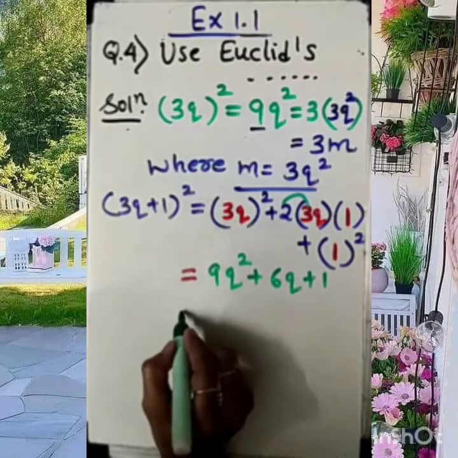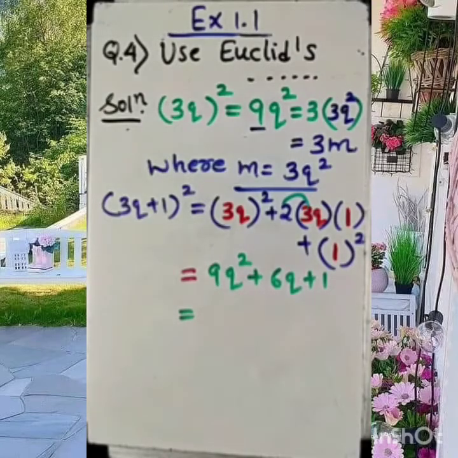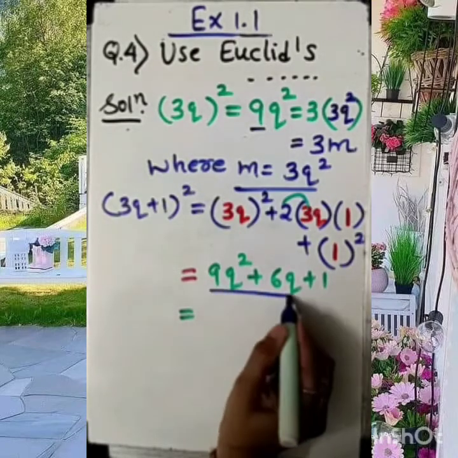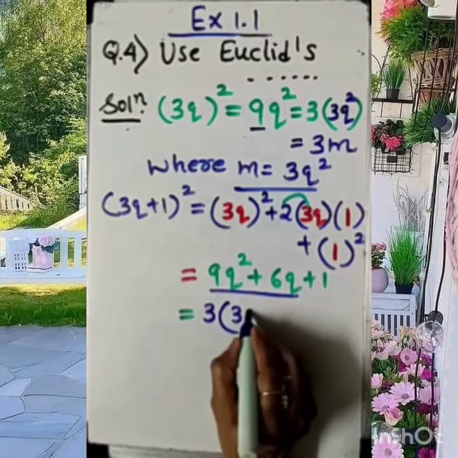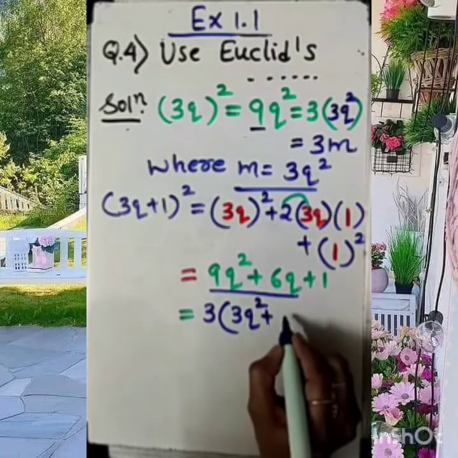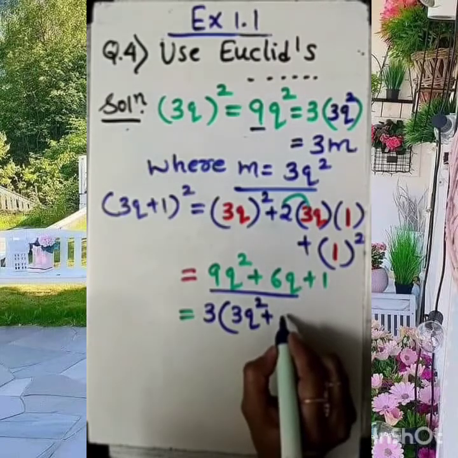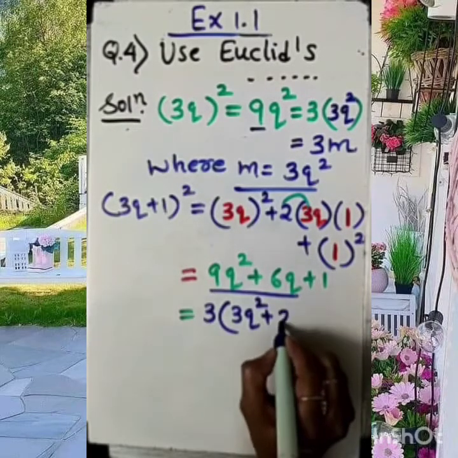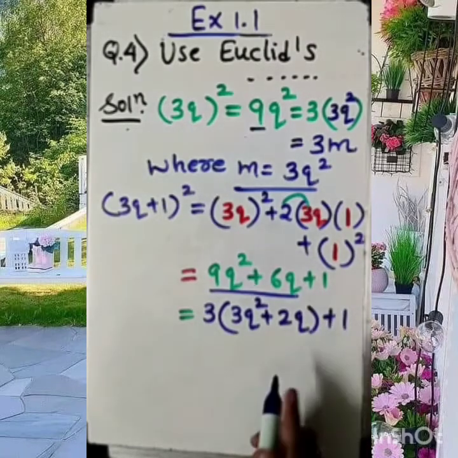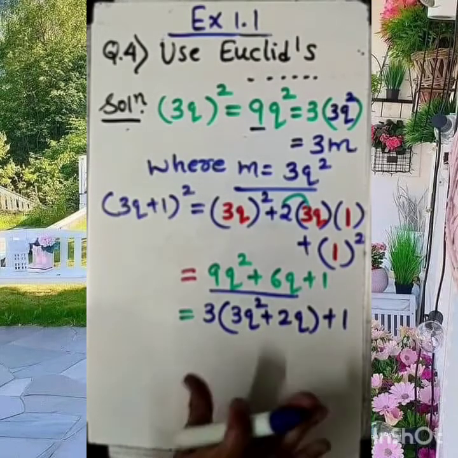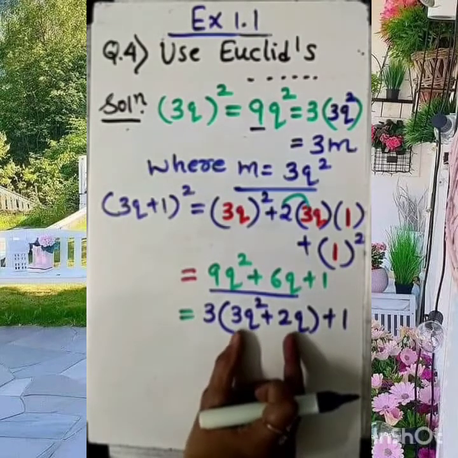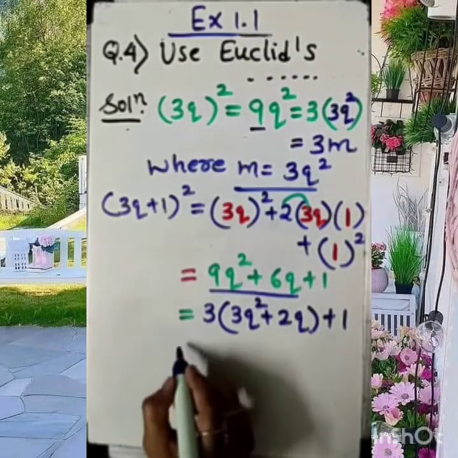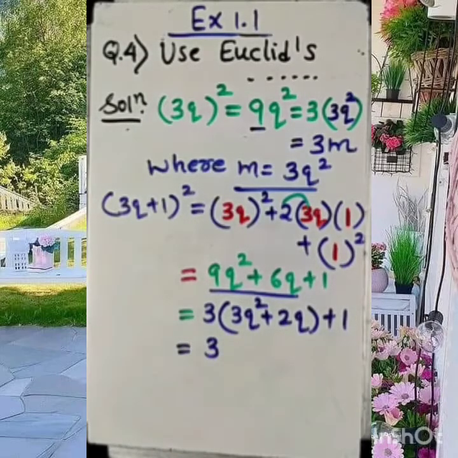Now can I write it this way? From the first two terms, something can be common. You can see from the first two terms, 3 can be common. So we will have 3 times (3q square plus 2q) and this is 1. 2 can also be taken out common, but here we need not go with that, because this will again be the value of m.